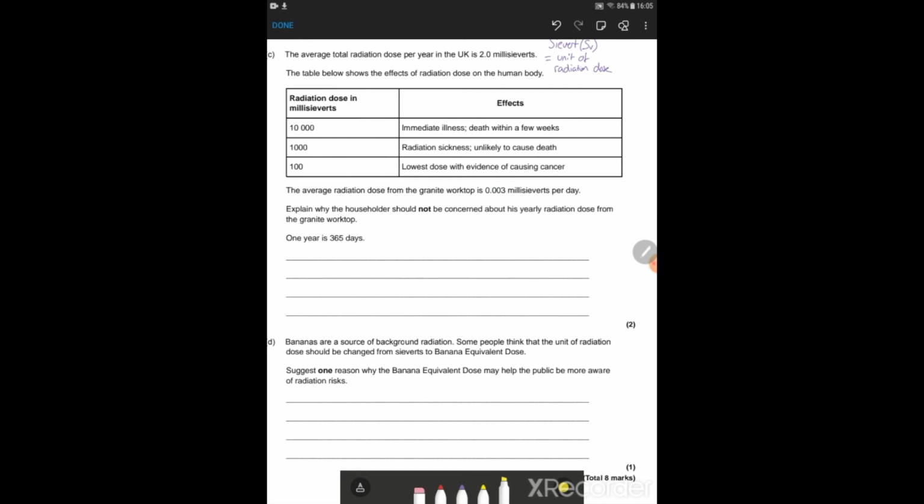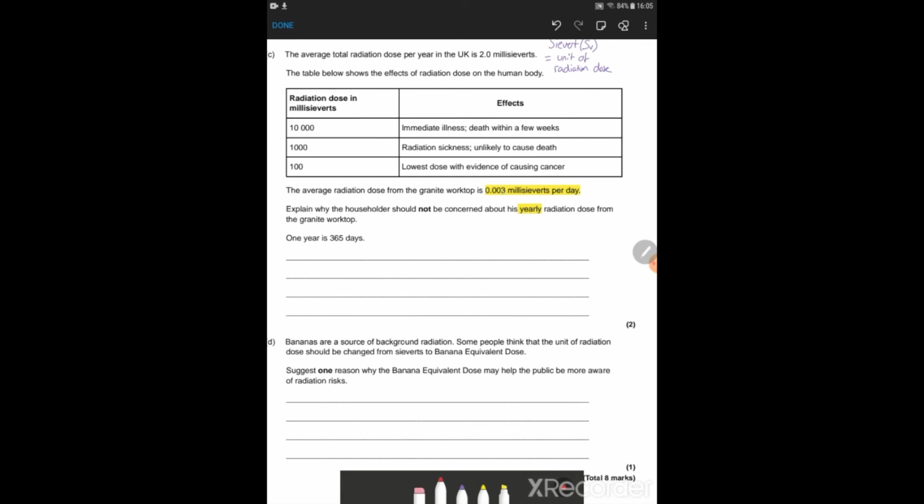Okay, so we can highlight that. Explain why the householder should not be concerned about his yearly radiation dose from the granite worktop. So it's yearly. If we're looking at per day and yearly, that should give some alarm bells as to what we have to do, right?